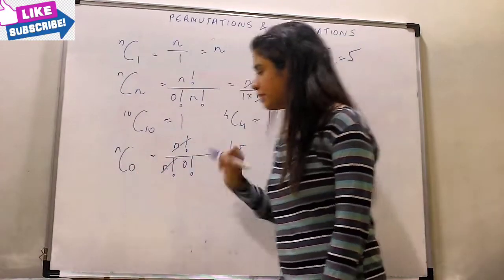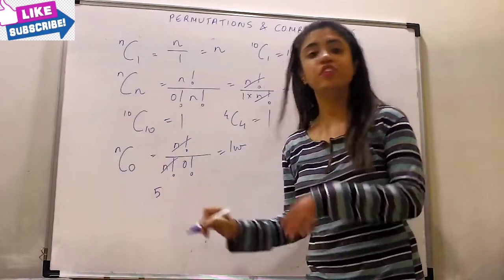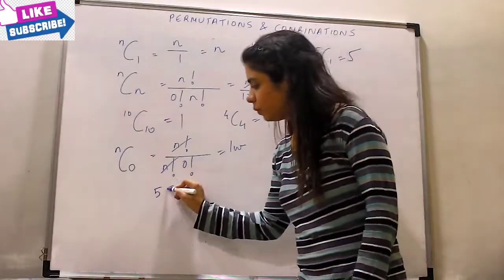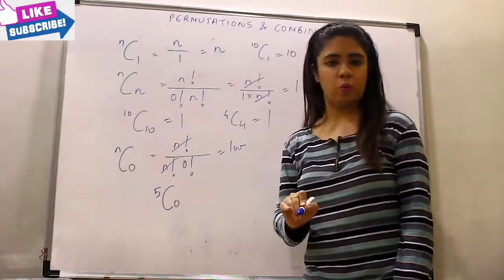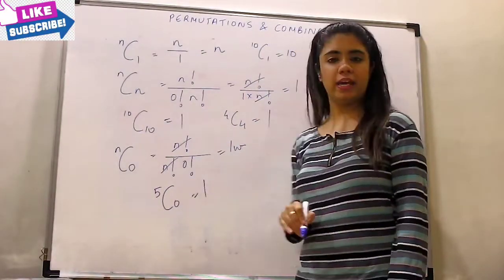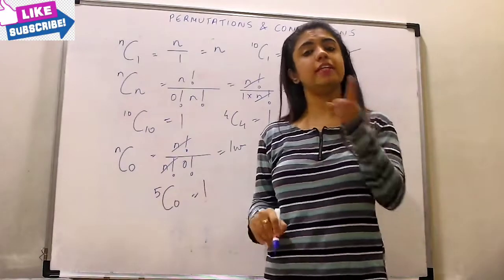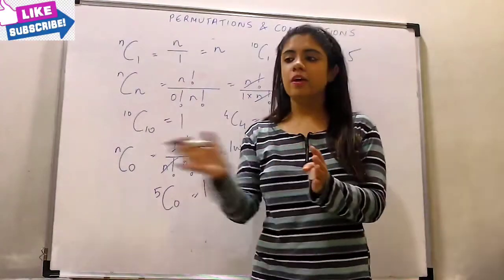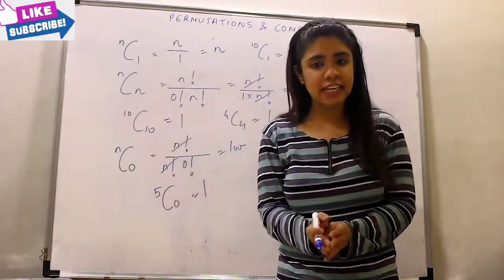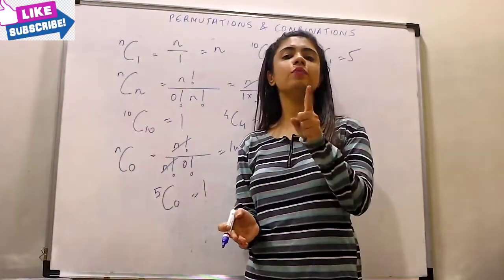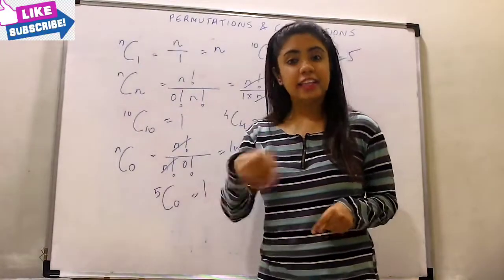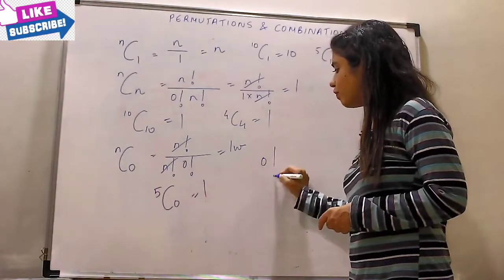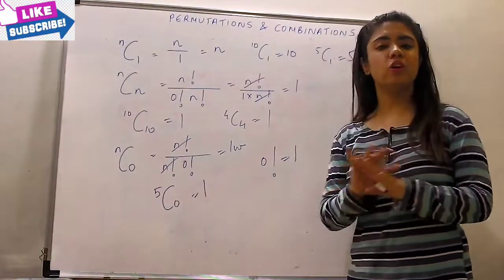What does this mean? If I had 5 chocolates, in how many ways can I select 0? There is one way. I will select none of the chocolates. That is one way of selecting the chocolates. Understand? Not selecting anything is also one way of selecting. That is the reason 0 factorial is 1, it is not 0.